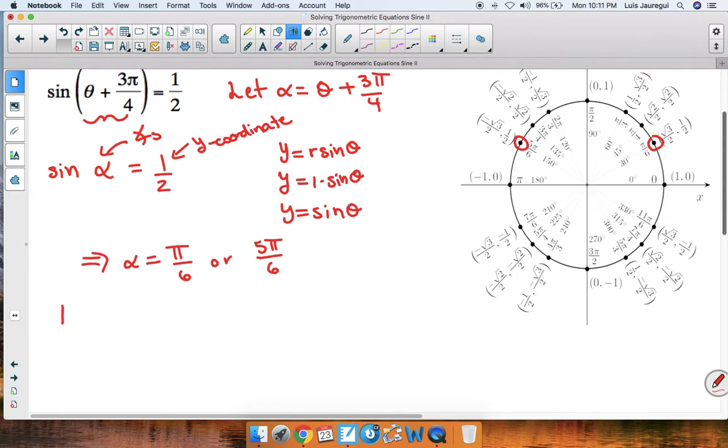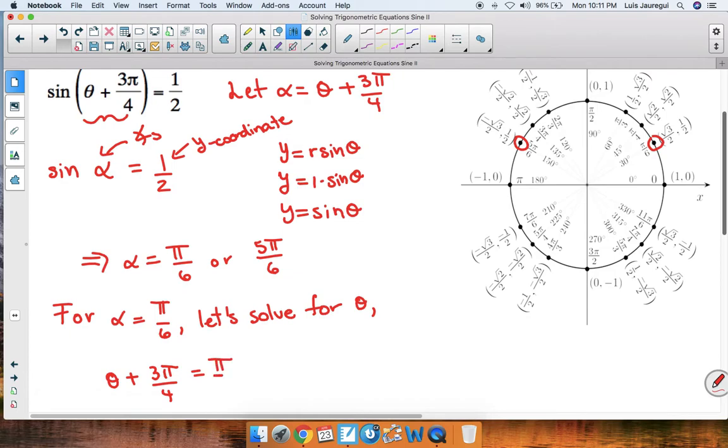So let's say the following. For alpha is equal to pi over 6, let's solve for theta. And we know that alpha is simply theta plus 3 pi over 4 is equal to your right hand side, which is pi over 6.